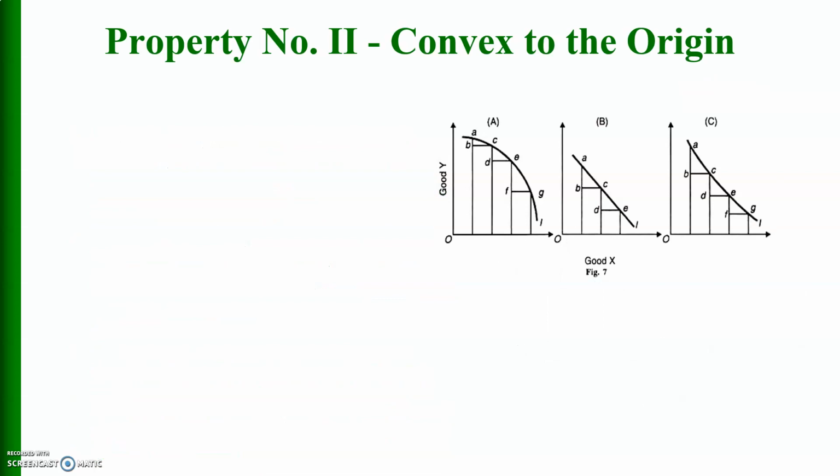The second property of the indifference curve is that an indifference curve is convex to the origin, and it is convex to the origin because of the diminishing marginal rate of substitution between x and y.